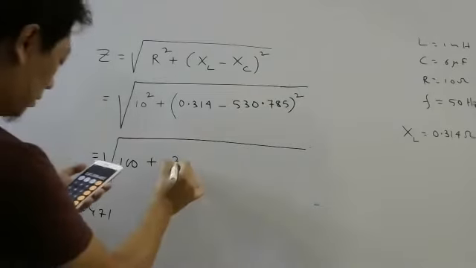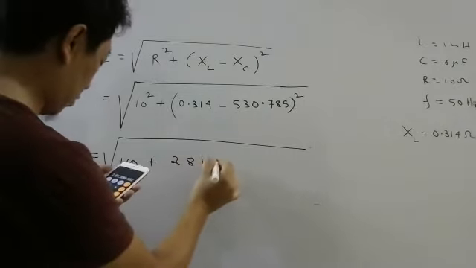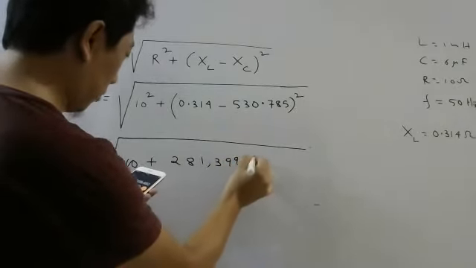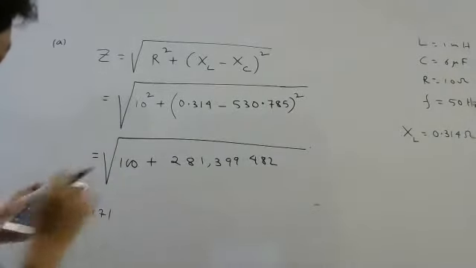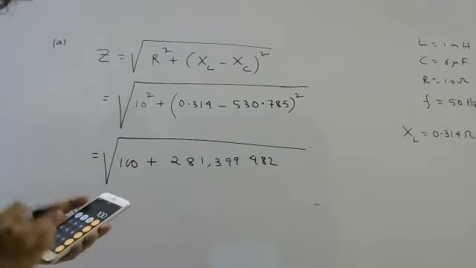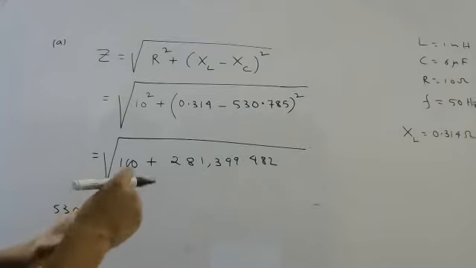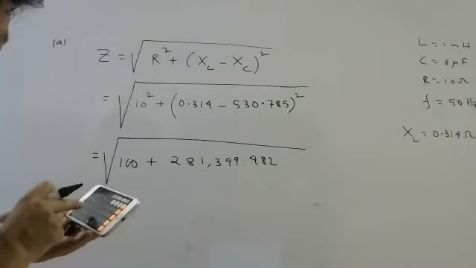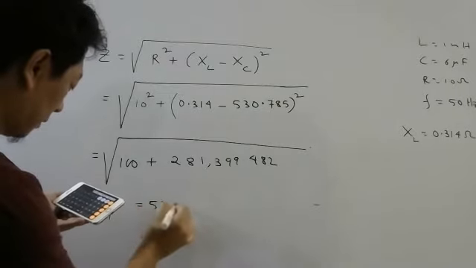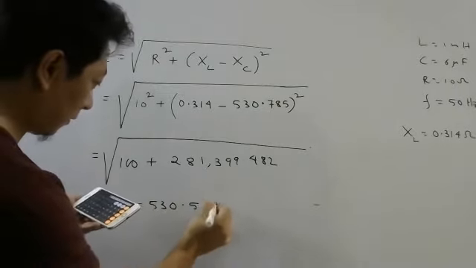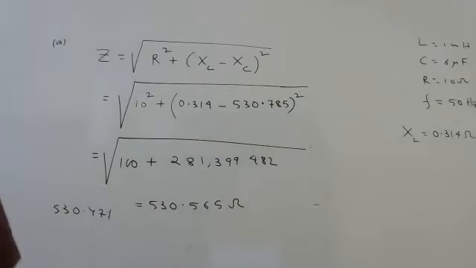So that is coming 281,399.482. Then I have to add with this 100. Right? And then I have to take square root of this. So square root will come 530.565. Check once, all of you. So that is the final answer.